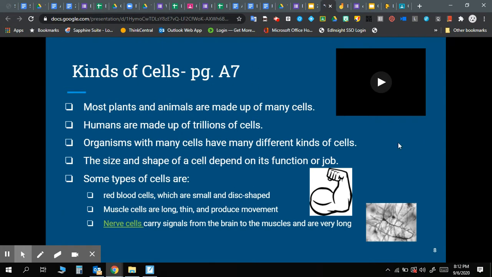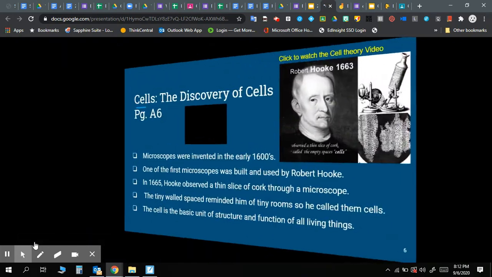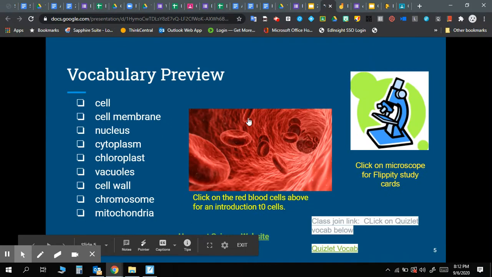Okay, so let's go back. I wanted to show you, these are red blood cells right here.